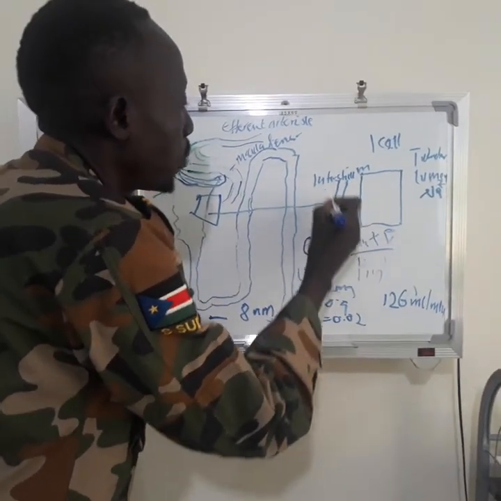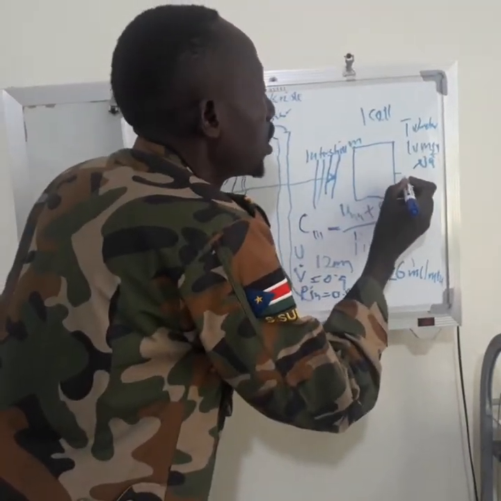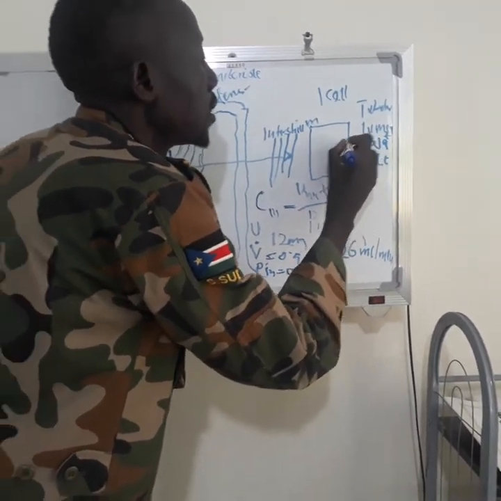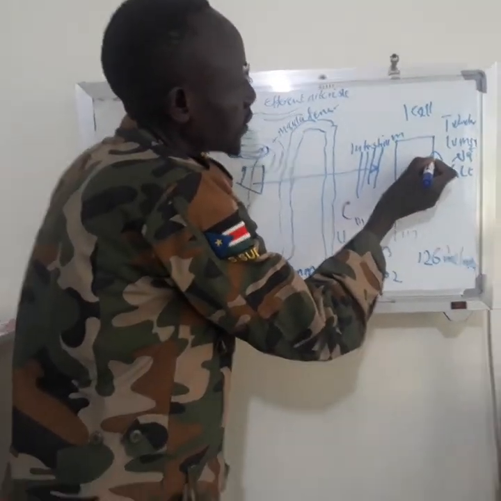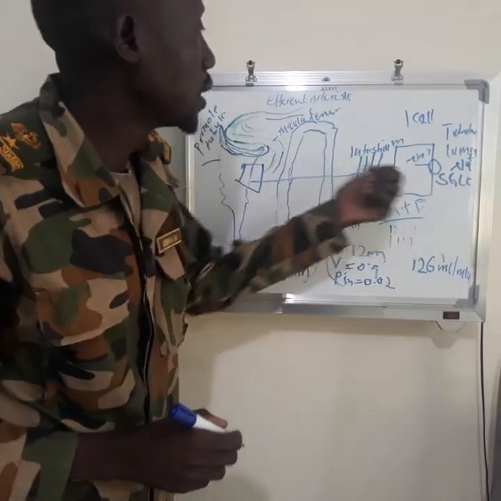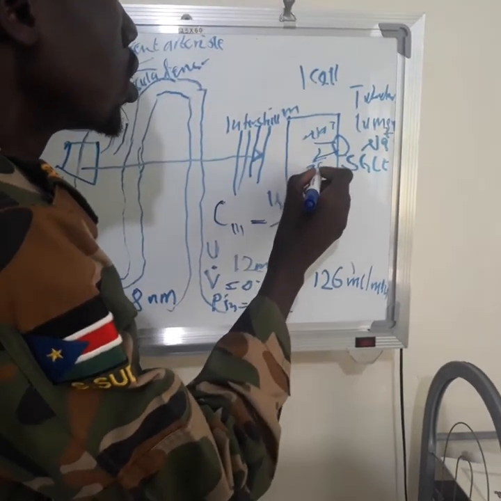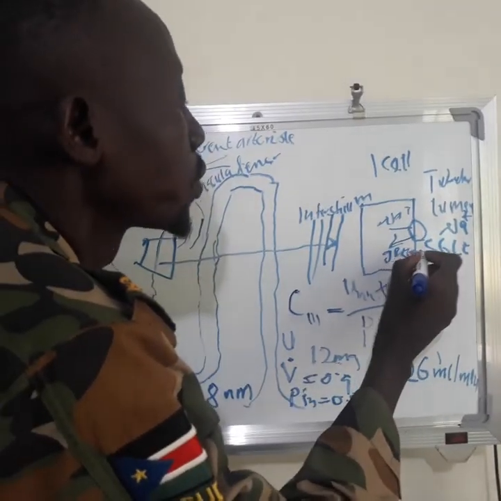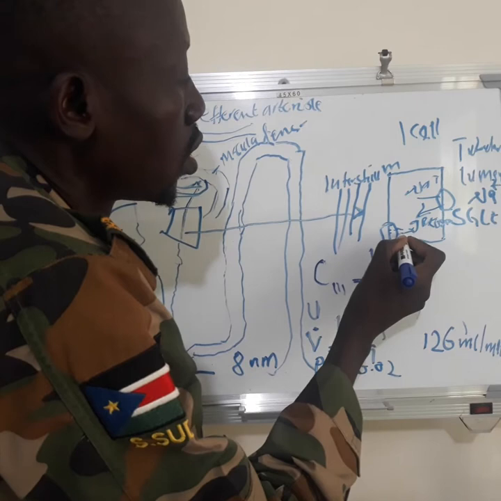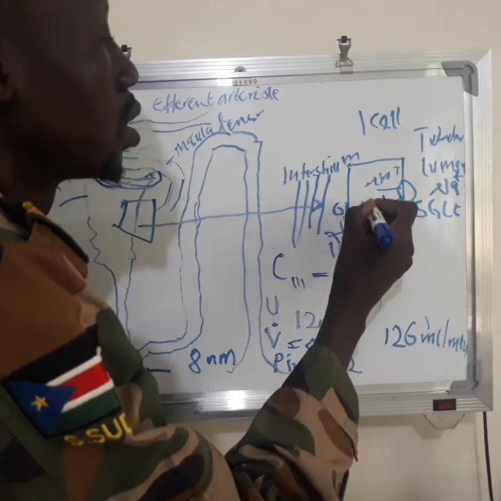There are a lot of blood vessels here. There is a transporter called SGLT here. This carries sodium into the tissue. It also carries glucose into the cell interior. And from this side, glucose will be taken by another transporter called GLUT1.